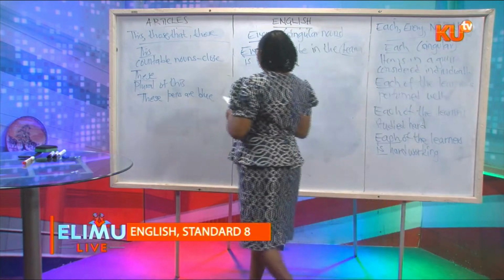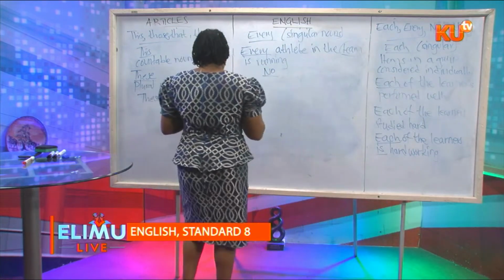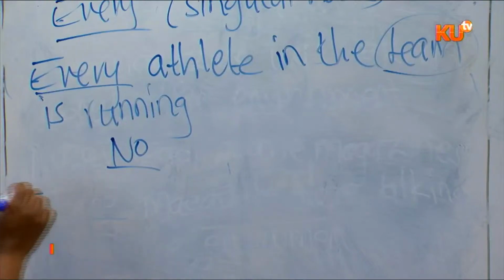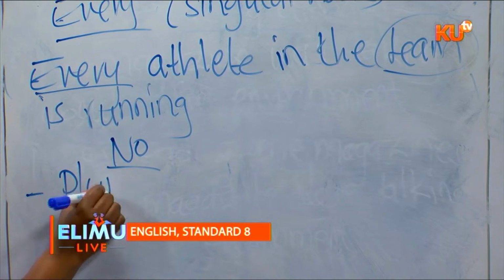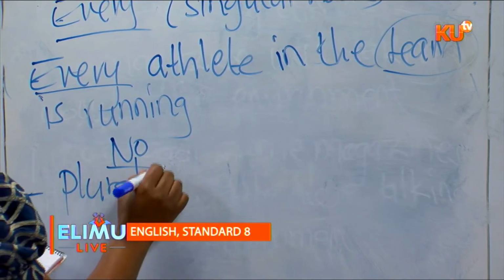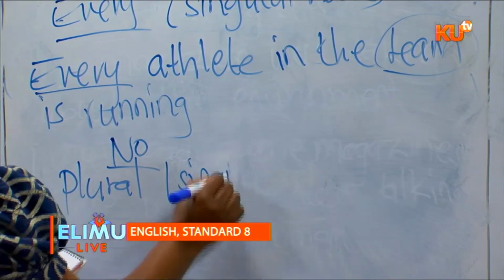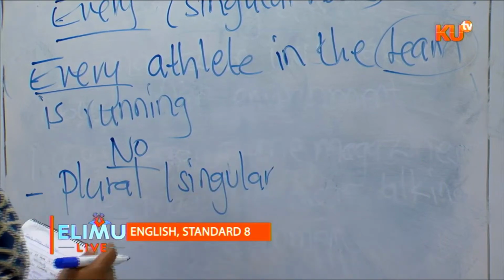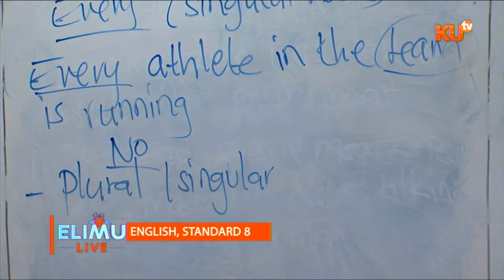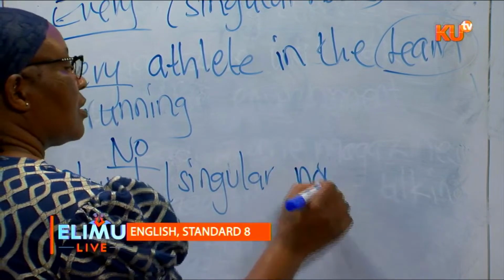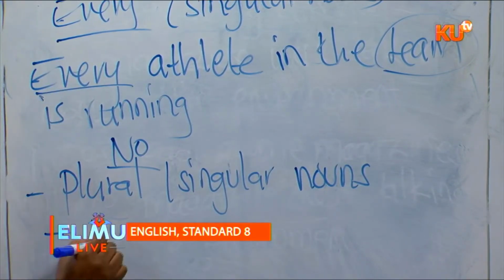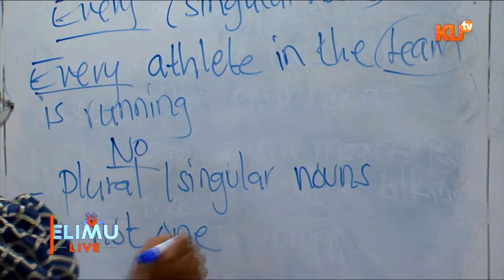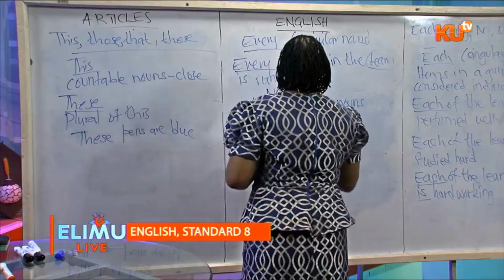Then we move to determiner no. So determiner no is used with plural or singular nouns, and it means not one or none.